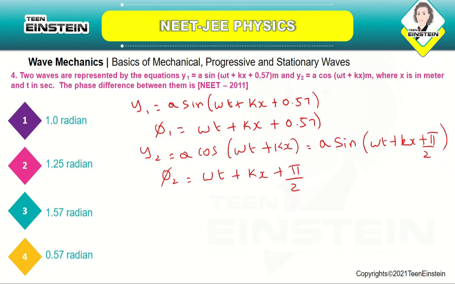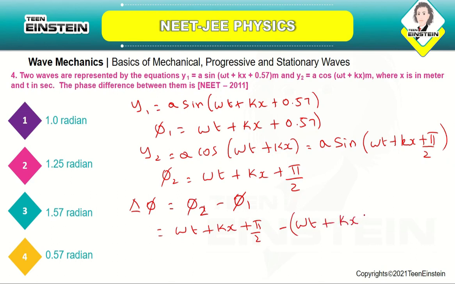Here you want to find out the phase difference. Delta phi is equal to phi 2 minus phi 1. So this will become omega t plus kx plus pi by 2 minus omega t plus kx plus 0.57.